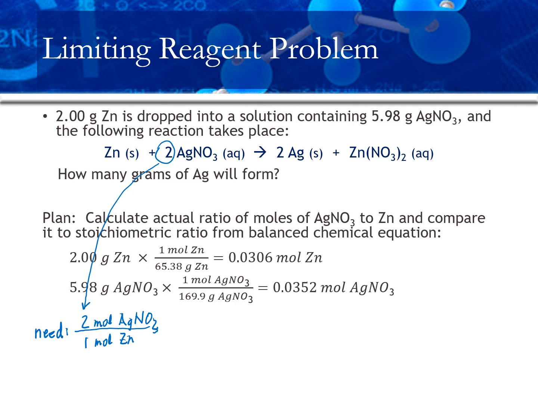Now, how many moles do I actually have? What I actually have, keeping it in the same order that I just calculated, I take the number of moles of silver nitrate, calculated from the amounts in the problem, and I divide that by the actual number of moles of zinc in the problem.